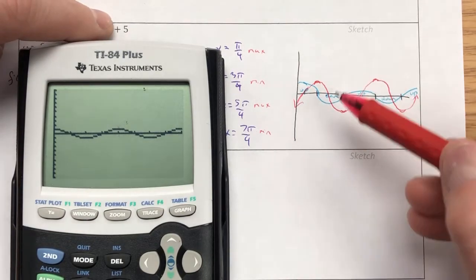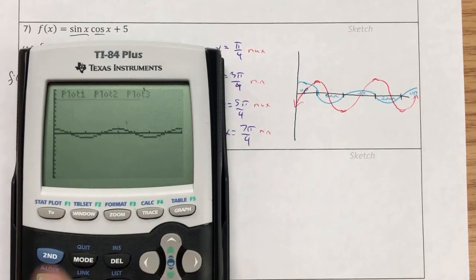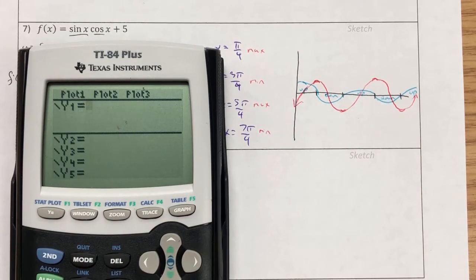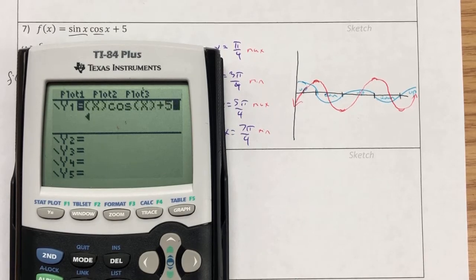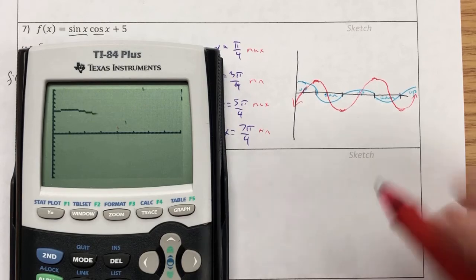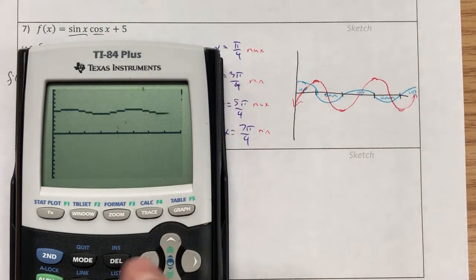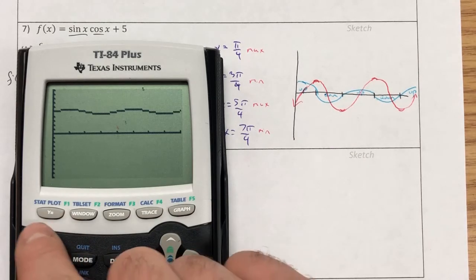And so let's see if we get this shape if we actually graph the parent function. First off, I know this is plus 5. This is probably going to be way up here, but regardless. Let's see, sine of x, cos of x, plus 5. Yep. Because that's a little blurry, let's zoom in just a little bit.